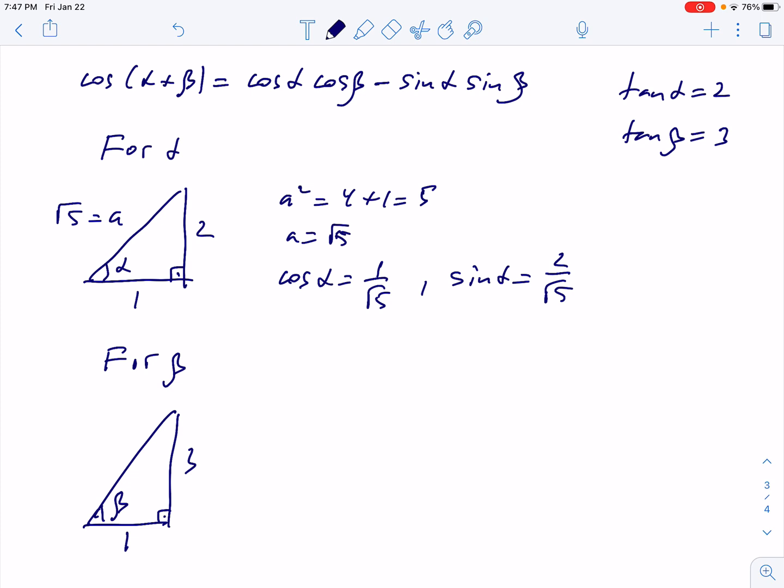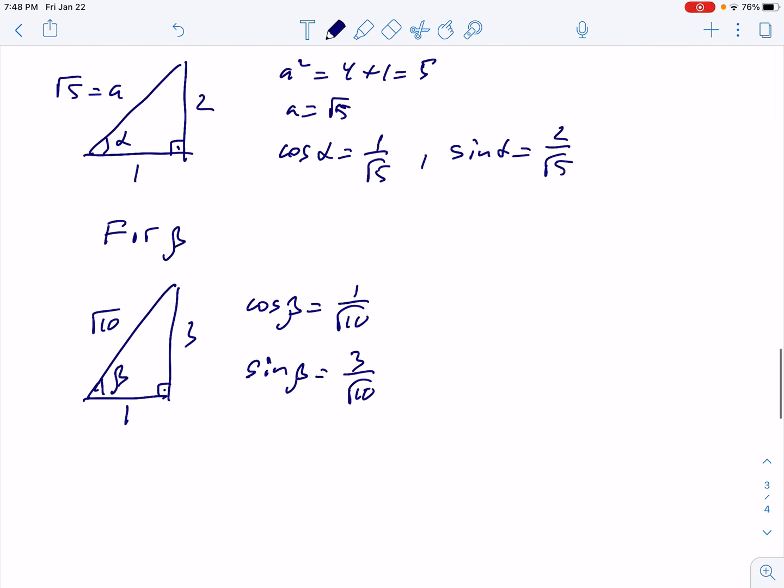And now what is the hypotenuse? We can tell immediately this will be root of 10. 3 squared plus 1 squared makes 10, and root of 10 is our hypotenuse. So cosine beta is 1 over root of 10. Sine beta is 3 over root of 10.